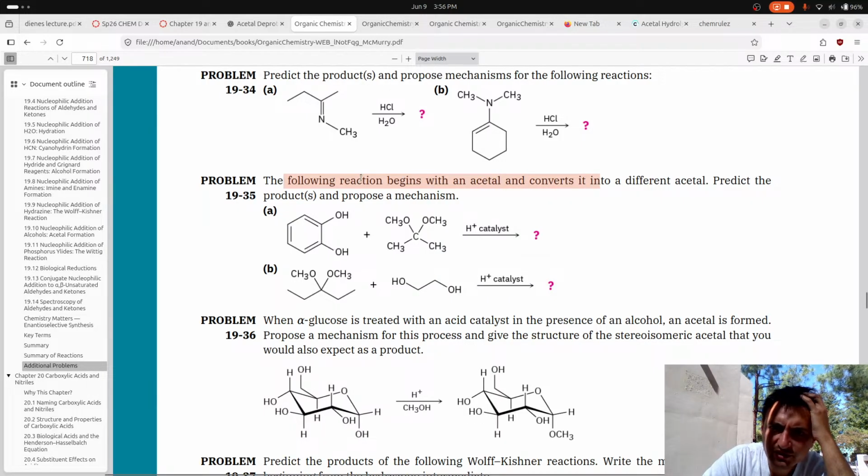The following reaction begins with an acetal and converts it into a different acetal. Predict the products and propose a mechanism. The mechanism? Presumably it just turns into a carbonyl and then favors the other one.